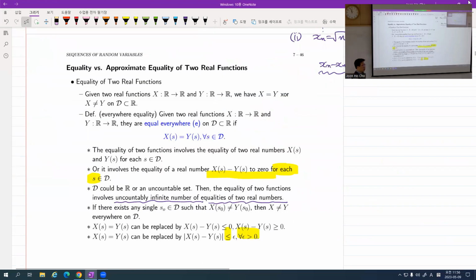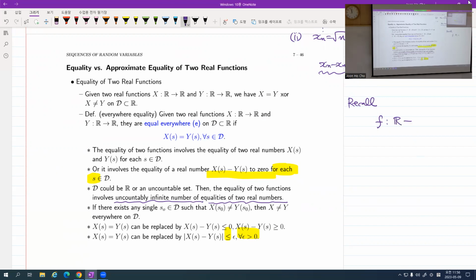First, when do we say two real-valued functions are equal? In order to talk about that, we have to define what a function is. Your high school or middle school math said that when you define a function, you need this standard notation first. Let's say f is the name of a function. Then you put a colon and some set.